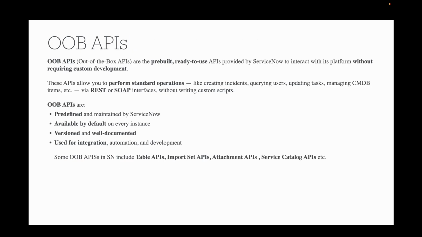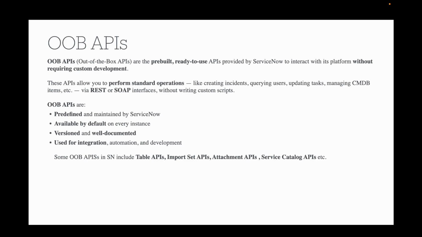The next topic is out of the box APIs. So similar to other ServiceNow products, in integrations as well, ServiceNow provides some pre-built APIs that we can use. Those are out of the box APIs. Out of the box APIs are the pre-built, ready to use APIs provided by ServiceNow to interact with its platform without requiring custom development.